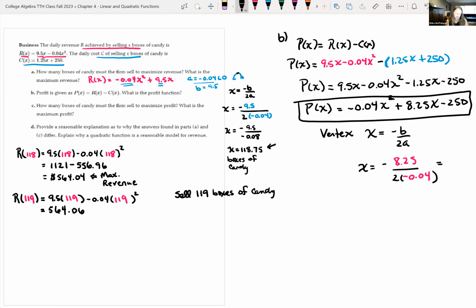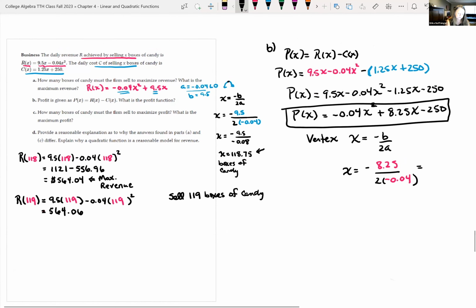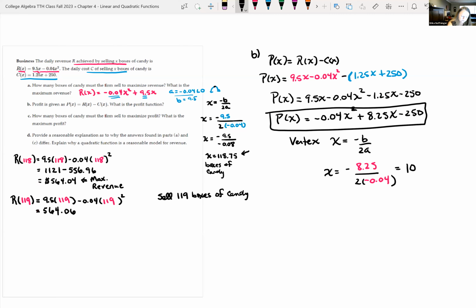Make sure there's parentheses around the whole denominator if you plug the whole thing in so that it's thinking of it as order of operations. So in this case, x is equal to 103.125. So again, selling a portion of a candy box doesn't make sense. So we're either going to round down to 103, we'll check them both, or we're going to round up to 104.